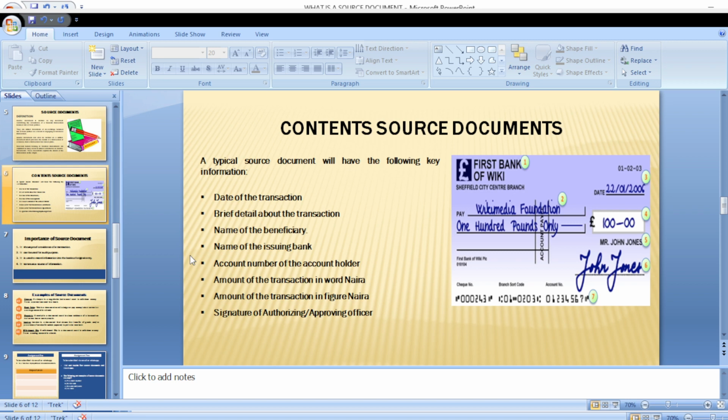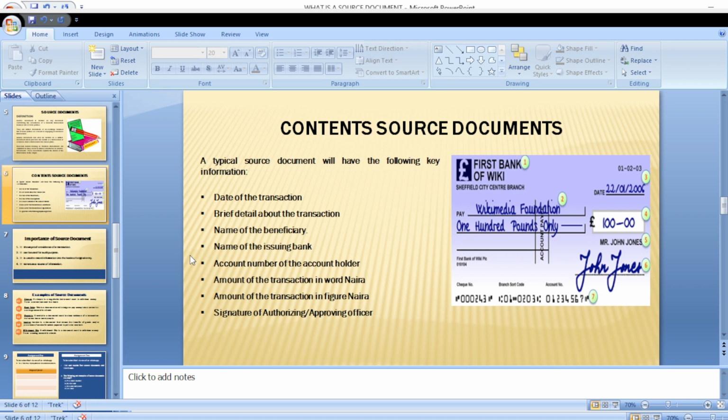So if you look at the example of the source document on the right hand side, which happens to be a check, the date on the check is 22nd of January 2006. That is the date on which the check was issued out.